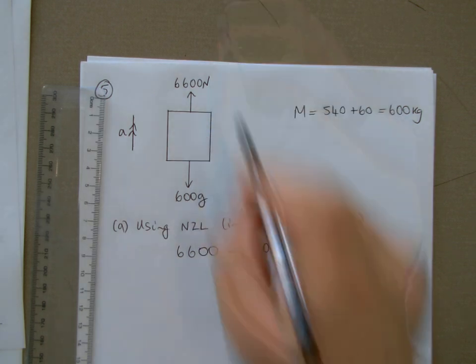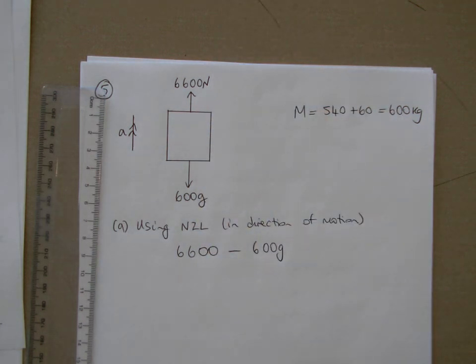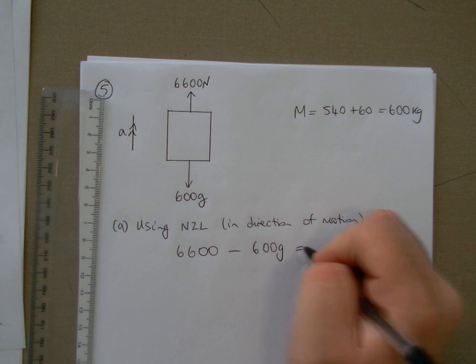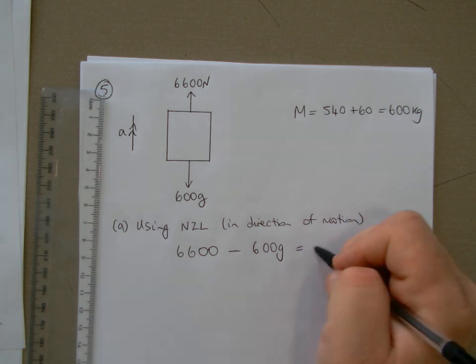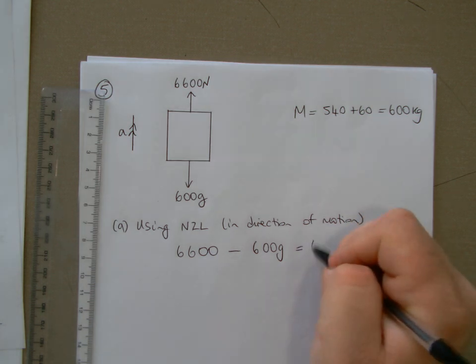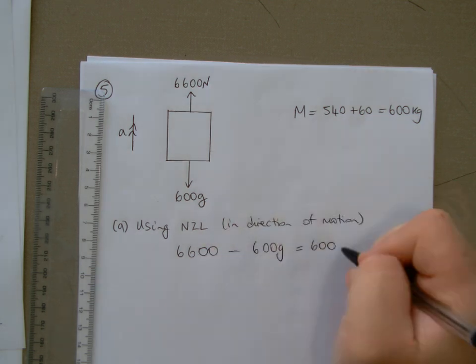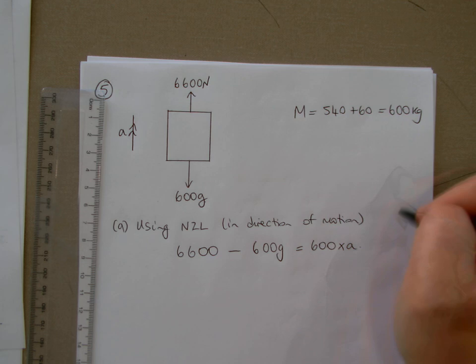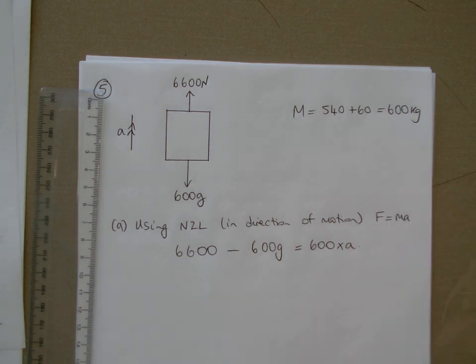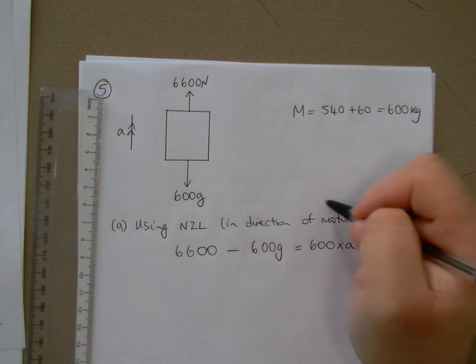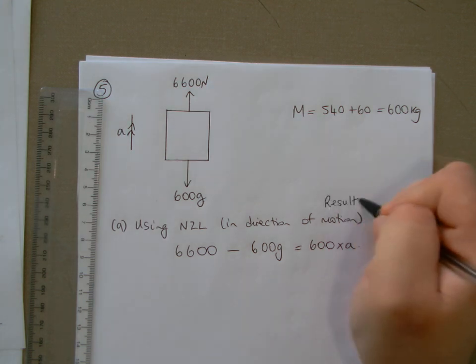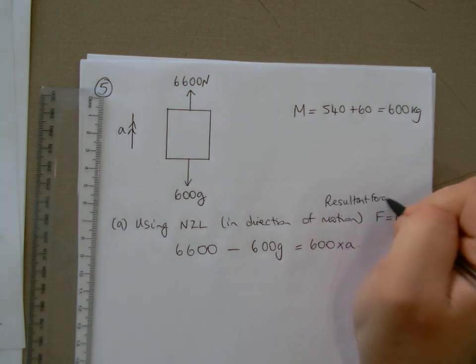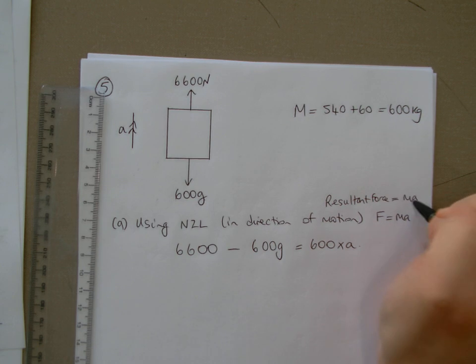So you've got 6,600 going up, and then the resistance of 600 G, equals mass times acceleration. The mass is 600, the mass of the overall thing, times acceleration. That's Newton's second law. You're familiar with it as F equals ma, but I prefer to think of it as resultant force equals ma, mass times acceleration.